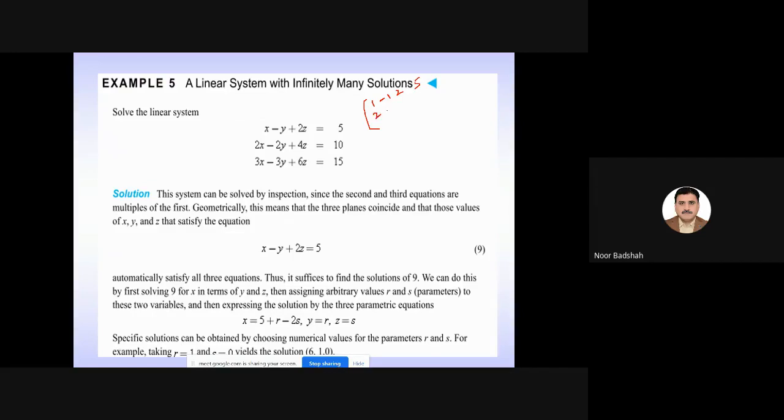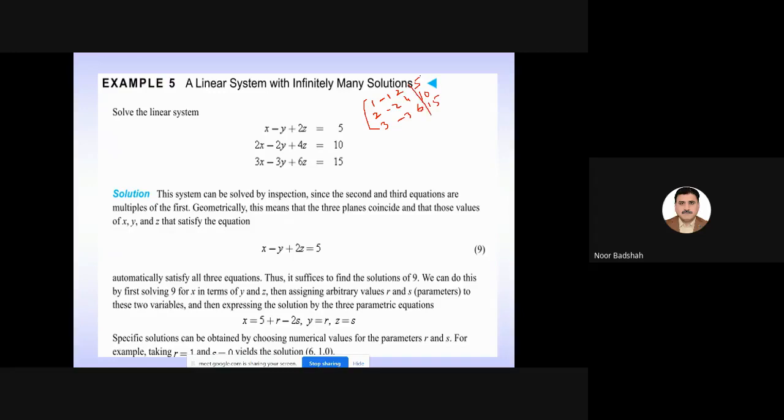Then 2, -2, 4, and 10. Then 3, -3, 6, and then 15. And that's the augmented matrix.